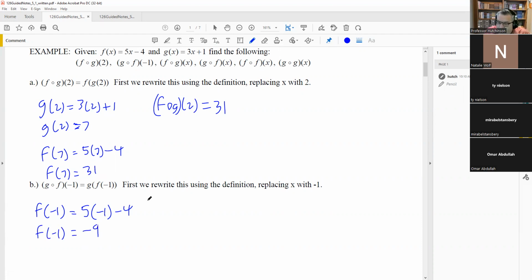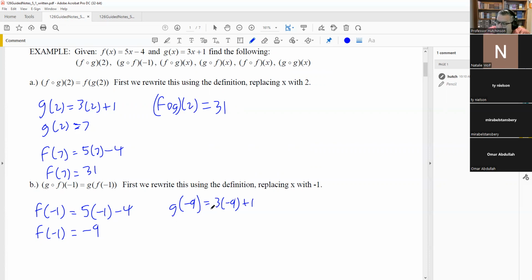So we found the first thing. Then we're going to replace the f of -1 with a -9, which means now we have g of -9. Okay, so for g of -9, we just go up to the g function. That's going to be 3 times -9 plus 1.